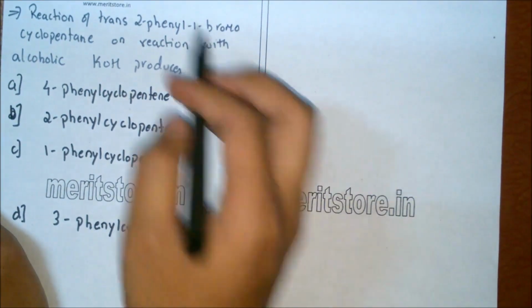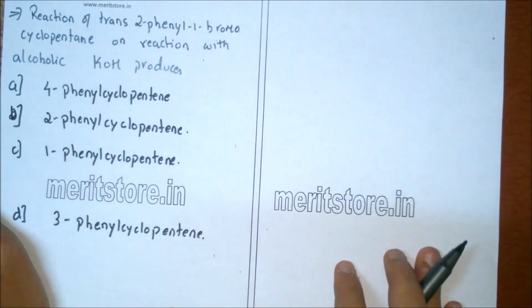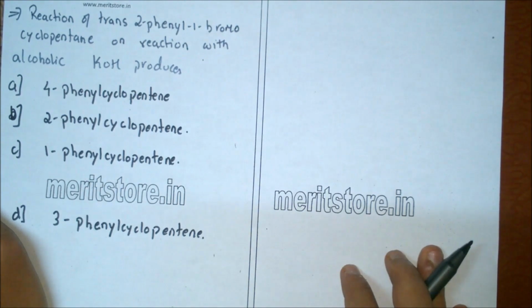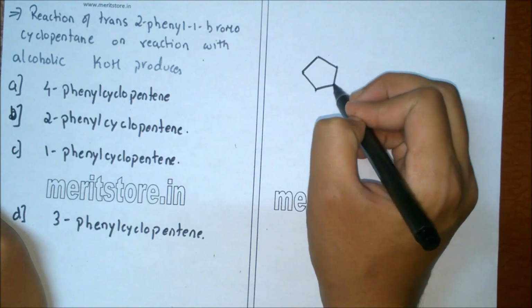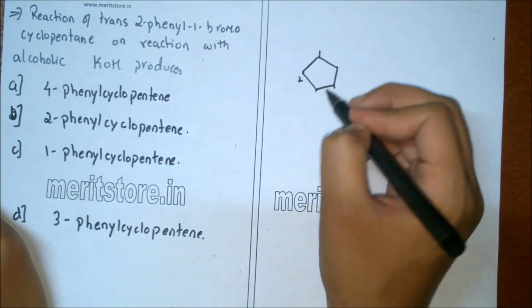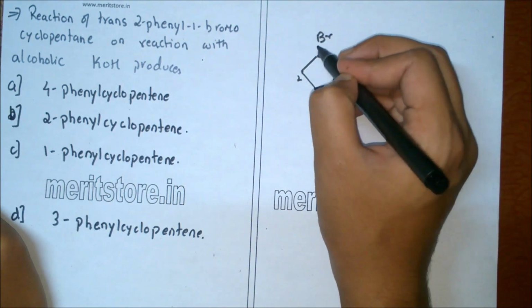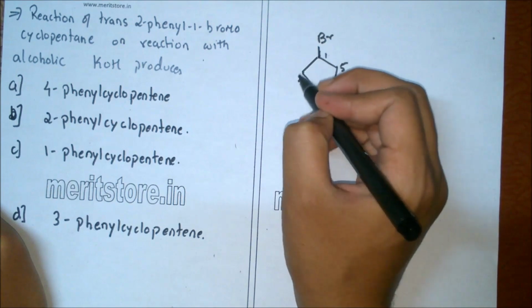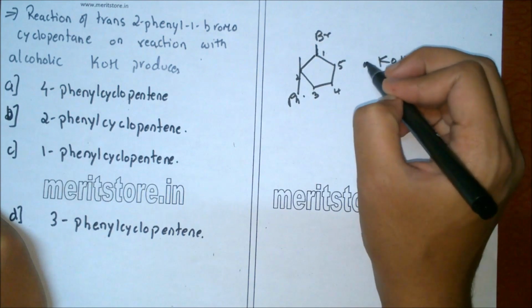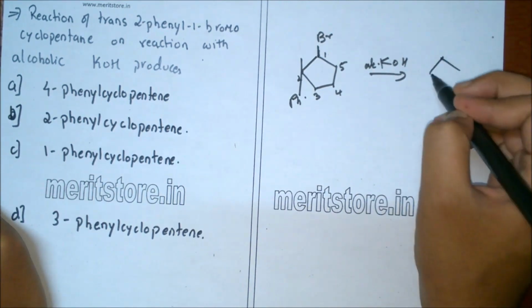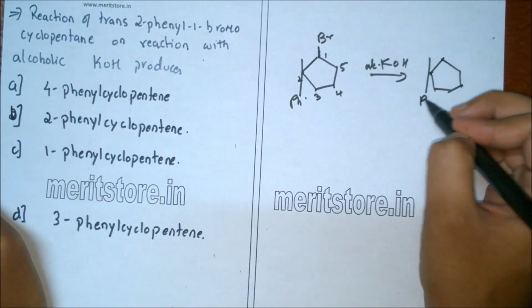Reaction of trans 2-phenyl 1-bromocyclopentane with alcoholic KOH produces. So this reaction involves a cyclopentane. This is the first position, second, third, fourth, and fifth, of which bromine is attached at first position and a phenyl group is attached here, which on reaction with alcoholic KOH undergoes dehydrohalogenation, which affects the first position.